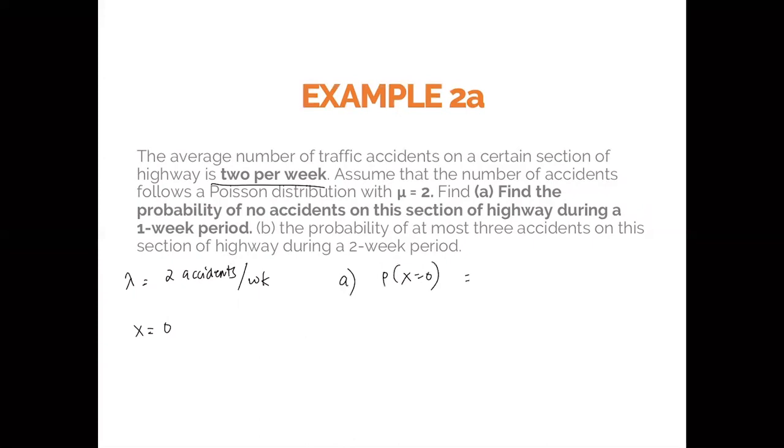So, equals lang yan sa formula again, yung formulang isa na binigay ko. Same lang, iba lang yung imbis na mu, lambda yung gamit. So, we have lambda raised to x, e raised to negative lambda all over x factorial. So, we have 2 raised to 0, e to the negative 2, all over 0 factorial. Okay?